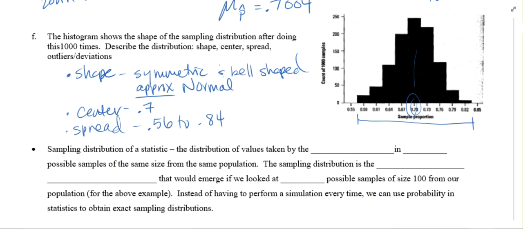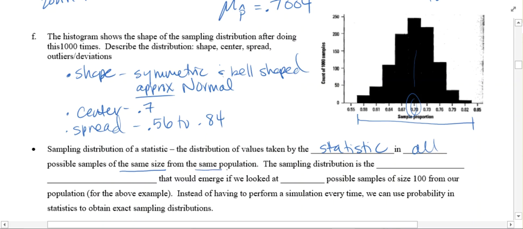So the official definition of the sampling distribution of a statistic is very wordy, but we'll hear it enough times that it'll start to resonate with what it means to you. It's the distribution of values taken by the statistic in all possible samples of the same size from the same population.